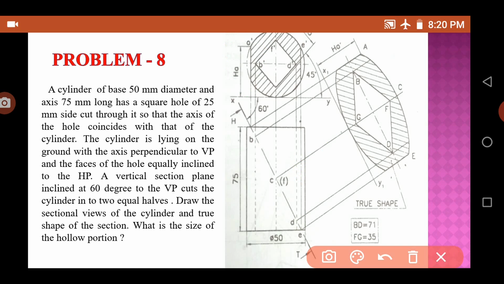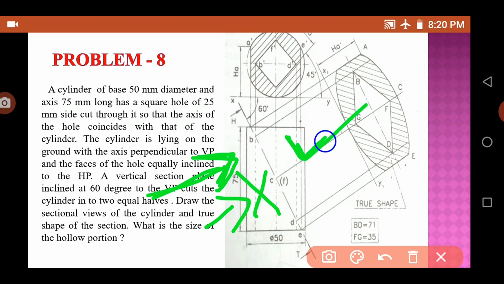So when the cutting line is there, when you are going from here, this portion is removed and only this portion is there. That means you are watching from this side, and only this side is there.